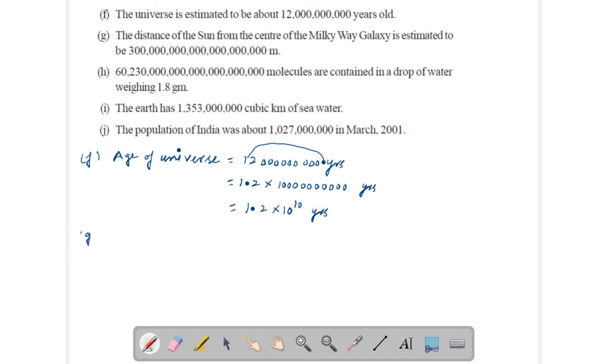Here the distance of the Sun from the center of the Milky Way galaxy is estimated to be this.